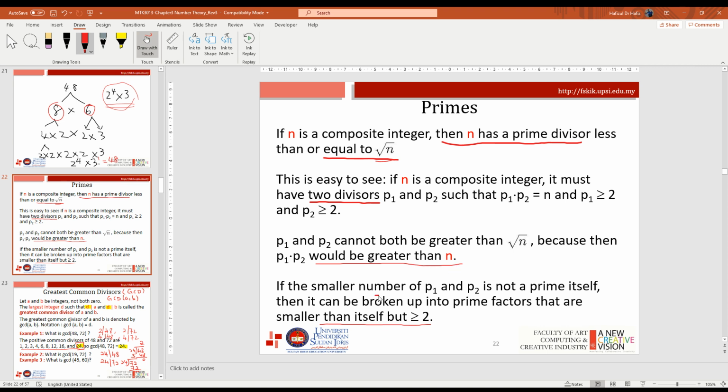If the smaller number of p1 and p2 is not prime itself, then it can be broken up into prime factors that are smaller than itself but must be greater than or equal to 2. This one is the condition.